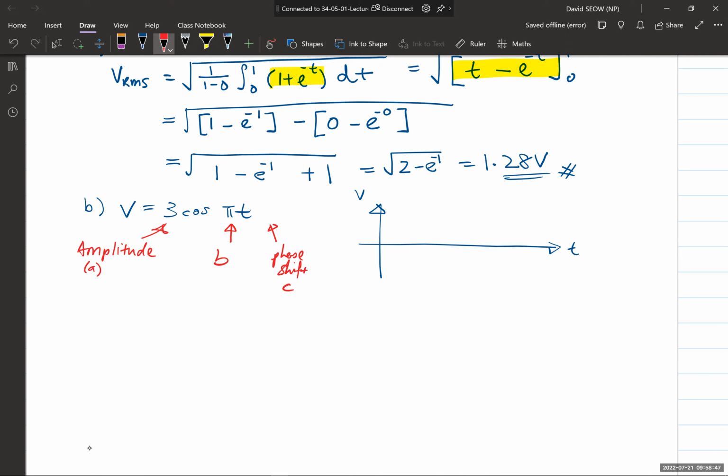All right, so to find my period, period will be 2 pi over b. Right, that is to find my period. So in this case, the graph actually will look like this. Just to draw the graph.